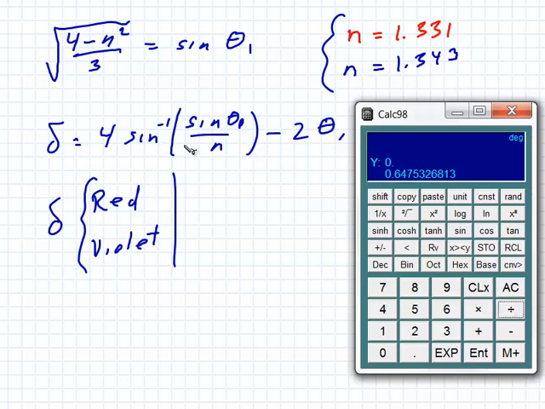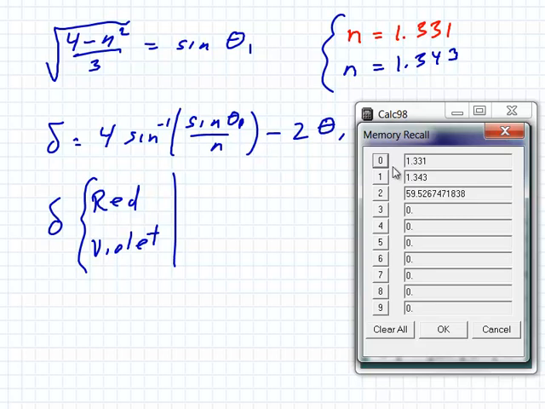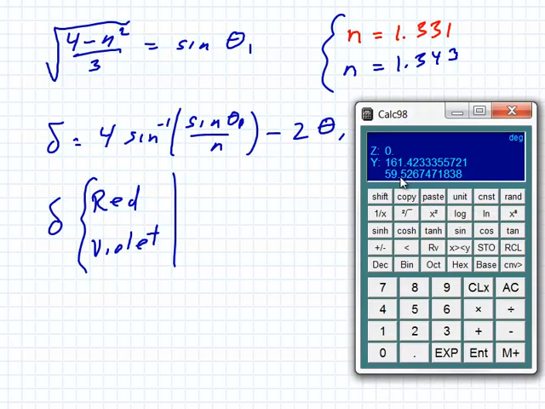Then take the inverse sine of the result, times 4. And then subtract 2 times theta 1. So recall theta 1, which is register 2 there, is 59 degrees-ish, times 2, and subtract. It comes out 42.369, 42.37.